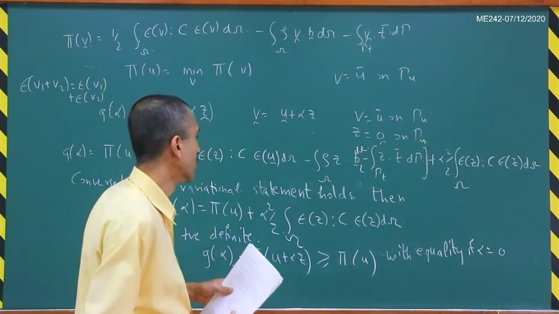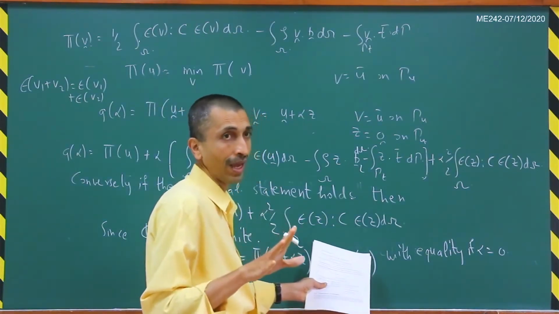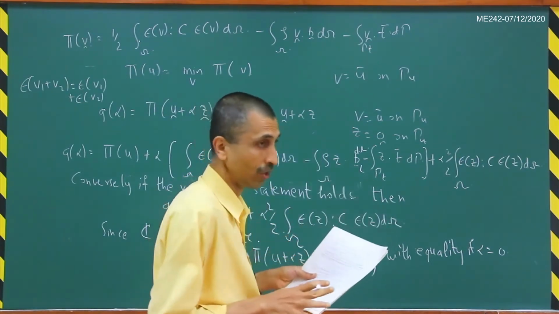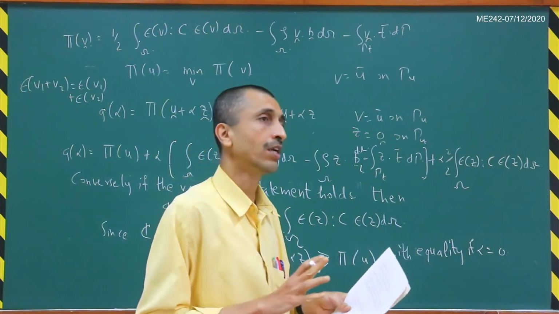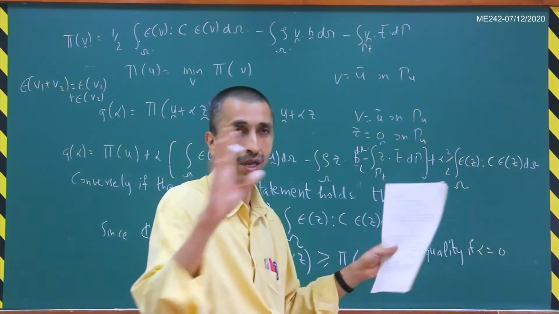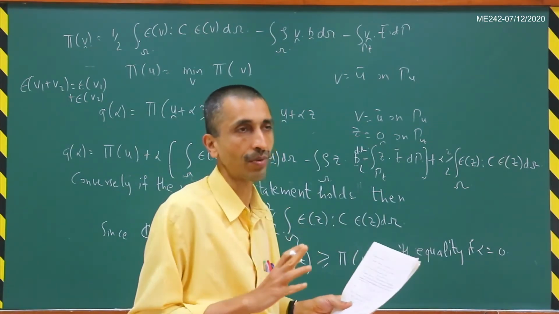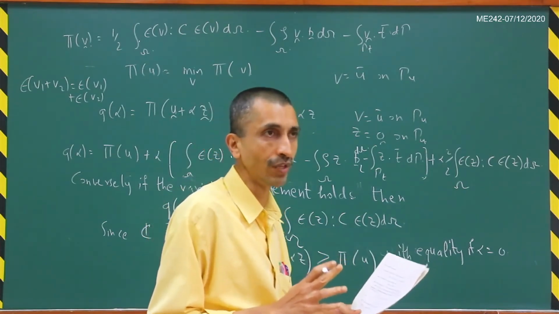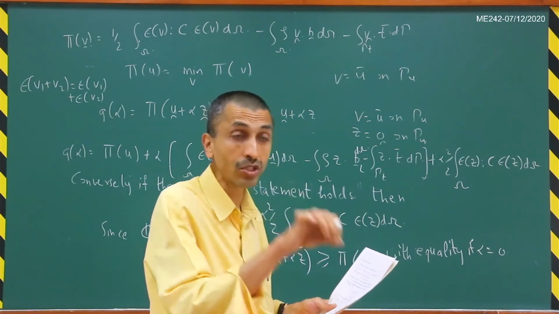So that shows that the potential energy is a minimum when V is equal to the actual displacement u. I'm just summarizing. Basically you take all kinematically admissible fields V, then you minimize the potential energy over all these kinematically admissible fields V, then the minimizer of that potential energy is the actual displacement u.